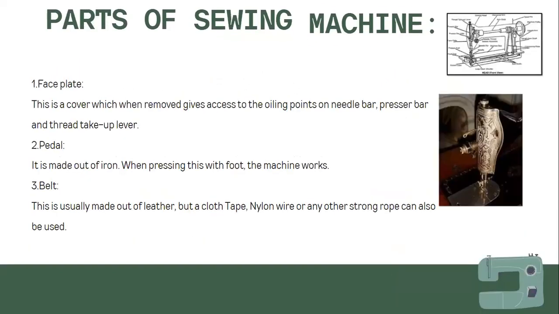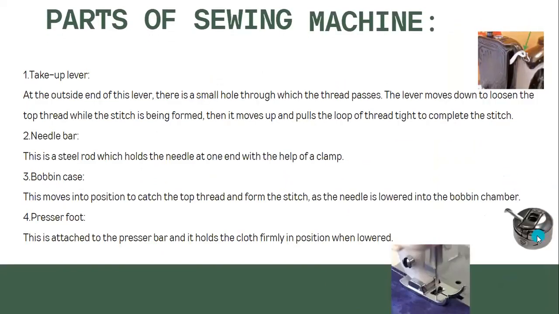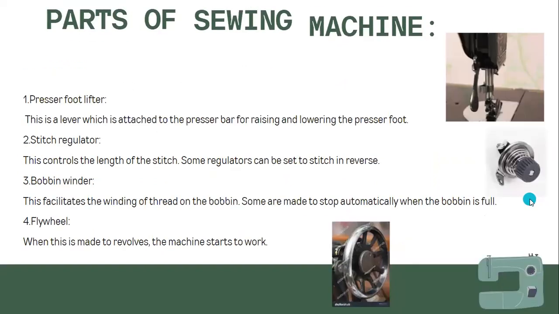And then there is the bobbin winder. This is the bobbin winder. We said this is the bobbin case, which is about the under thread. This bobbin should be wound with the thread, right? That is done by the bobbin winder.